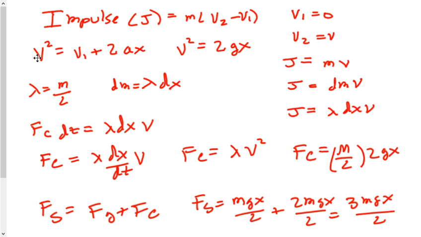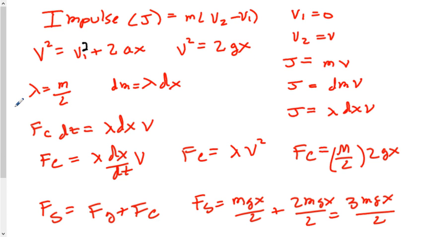We're going to use the equation v squared equals v1 squared plus 2ax. So v squared equals v1 squared plus 2ax, and v squared is equal to 2gx. So there you go.